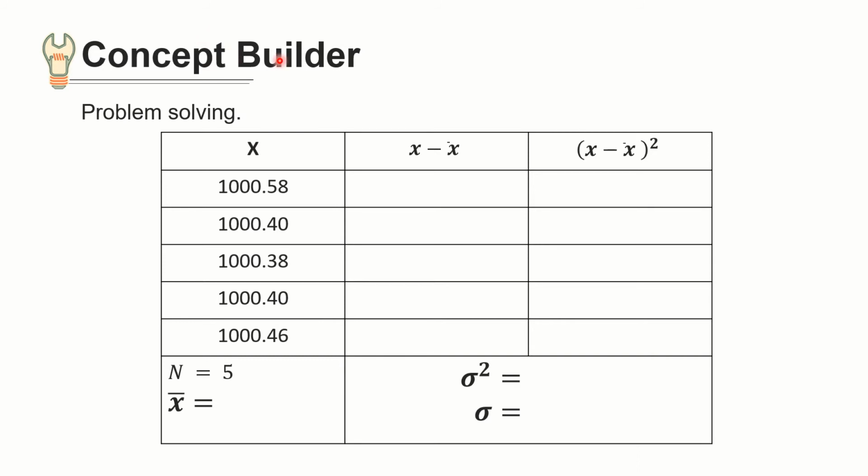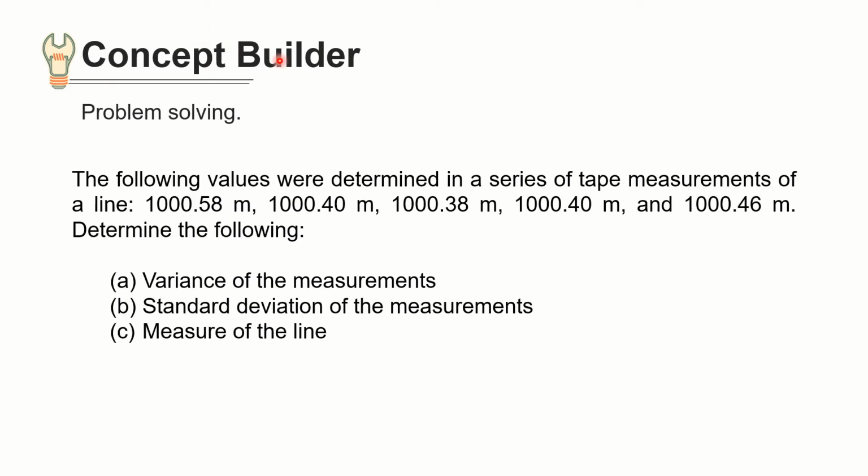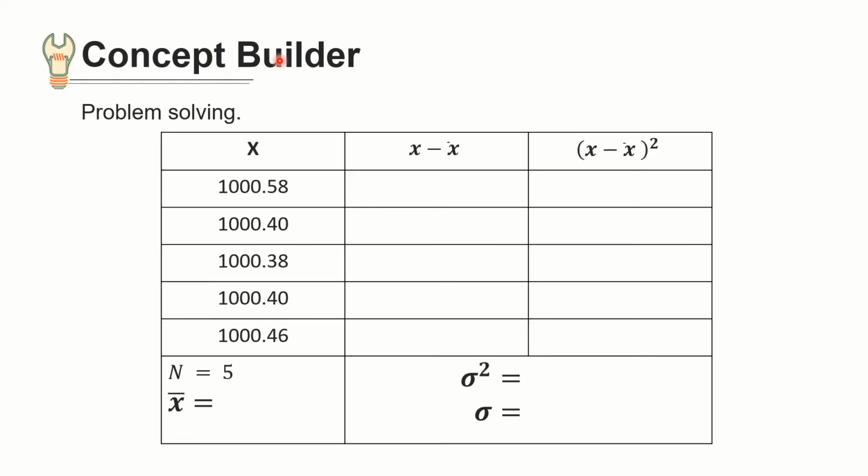For this type of problem wherein we need to solve for the variance and standard deviation, we make use of a tabular representation to organize our data. Mas madali nating makita kung paano tayo magko-compute ng mga kailangan nating values if it is in tabular form.